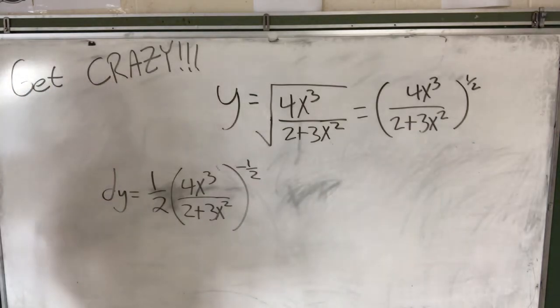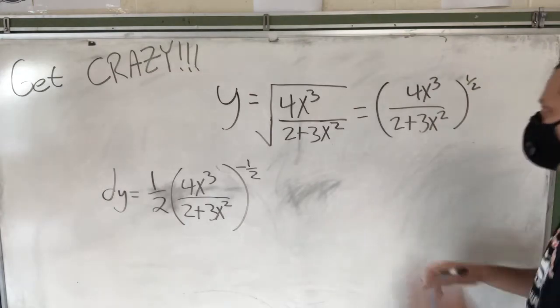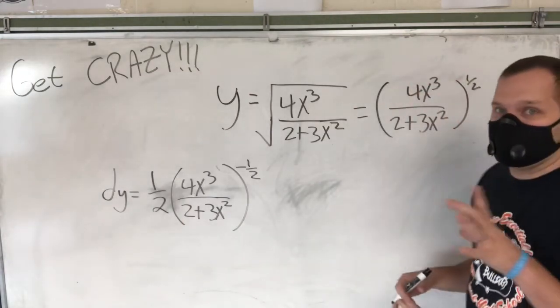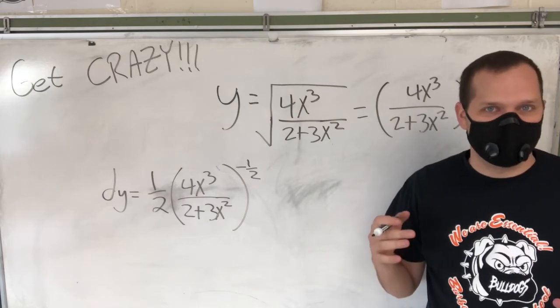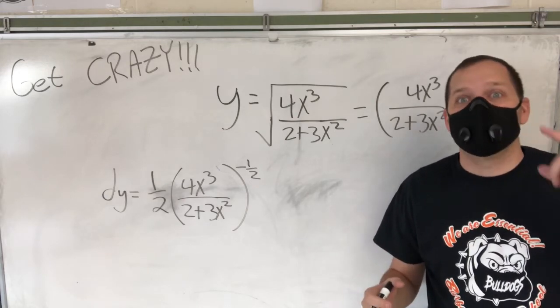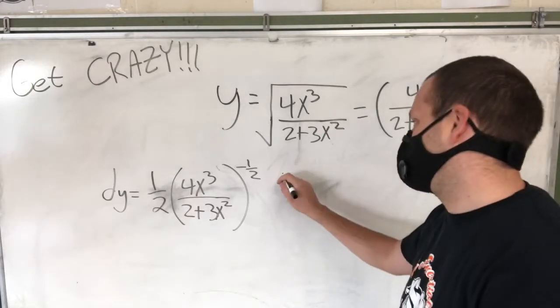All right, but remember the next part of the chain rule is now we have to take the derivative of the inside. Well, the derivative of the inside is a fraction. It's dividing. How do you take the derivative when you're dividing? You have to use the quotient rule. So we're going to use the quotient rule now on the inside, okay?